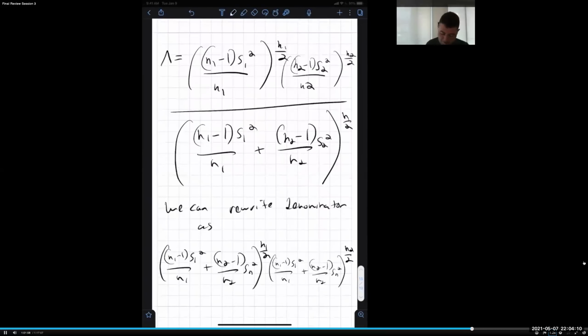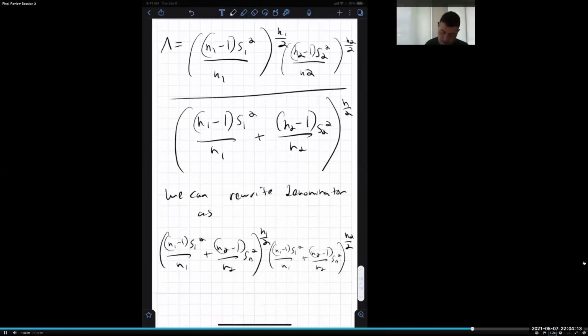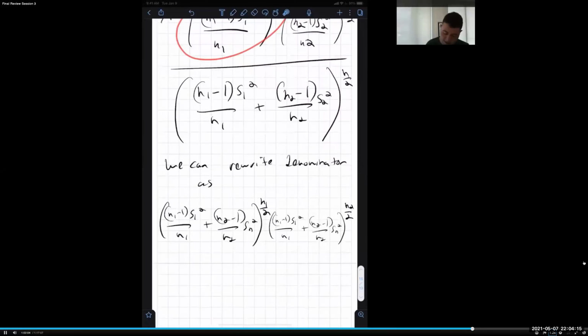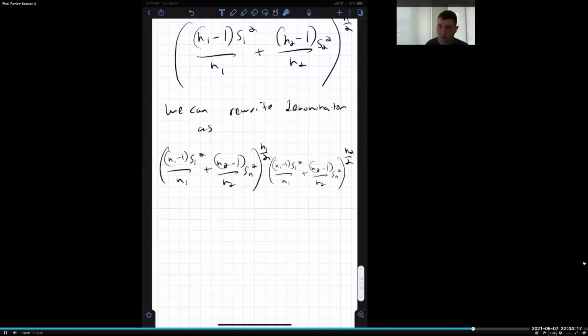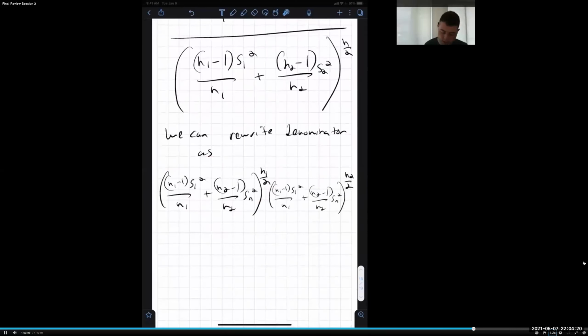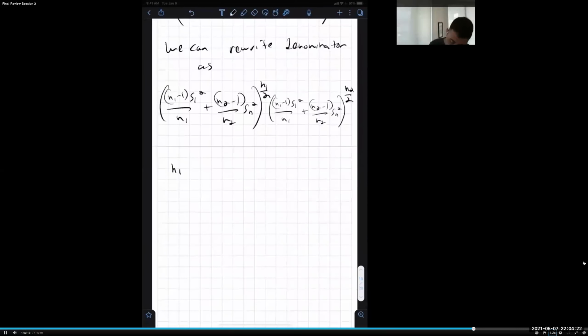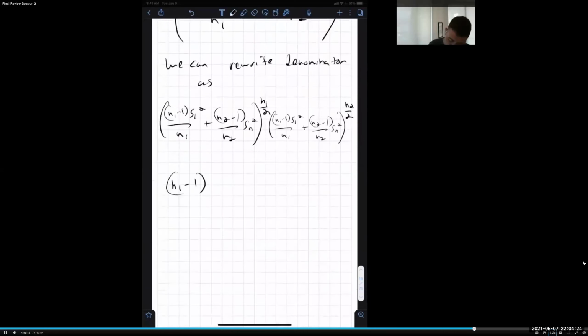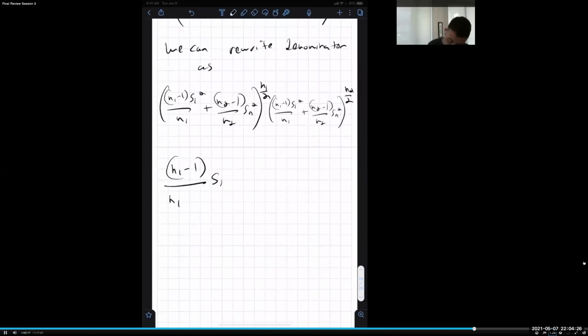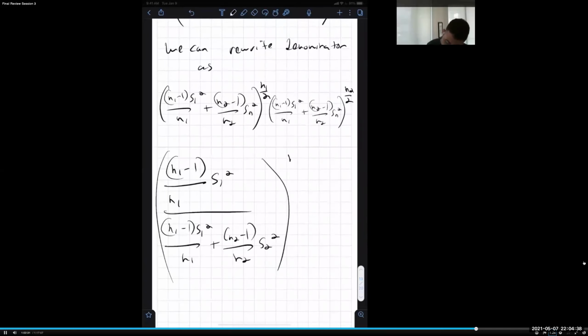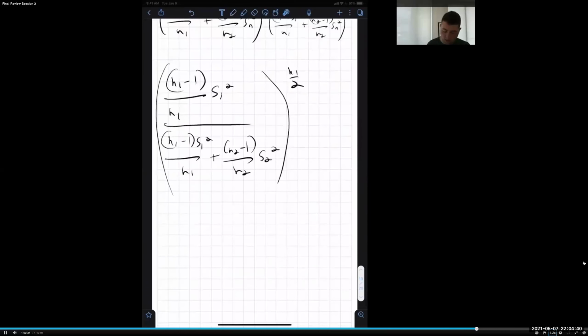So I'm going to take this in two parts. I'll take this divided by this, and the other one is the same thing but flipped, because it's symmetric. So n1 minus 1 over n1 s1 squared over n1 minus 1 s1 squared over n1, and this will all be to the power of n1 over 2, but we can simplify this luckily.